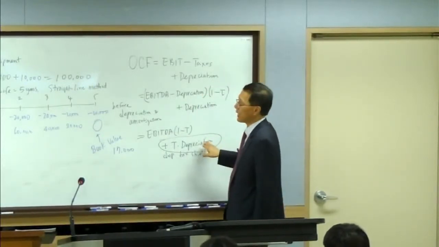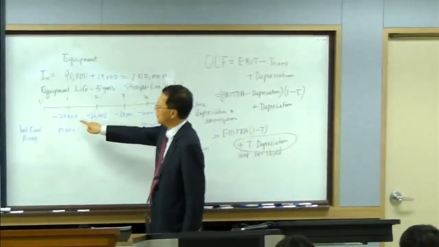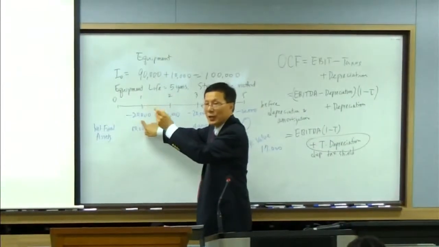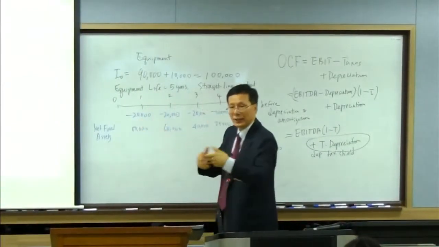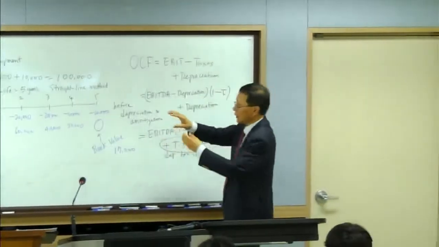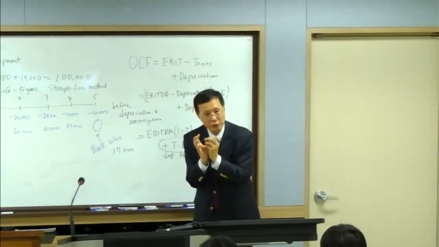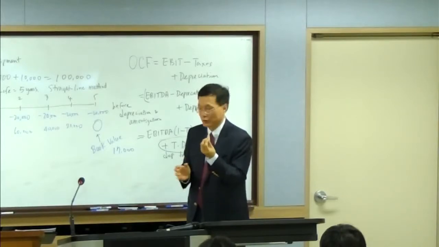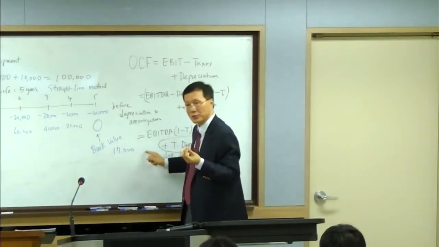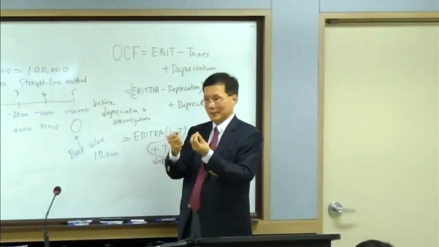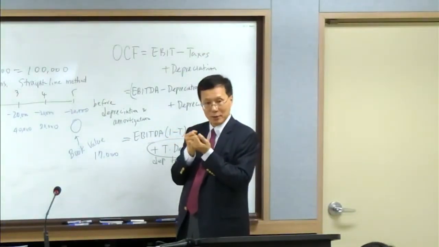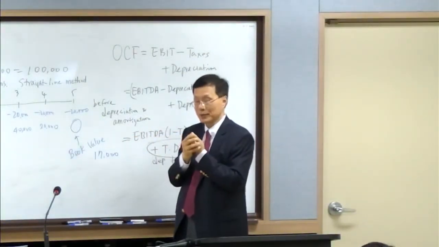So the depreciation tax shield for each year will be $20,000 times the 40% tax rate, so $8,000 of cash flows occurring throughout 5 years. And in year 5, you have another cash flow that is the after-tax salvage. That's $17,000 collected by selling the equipment.